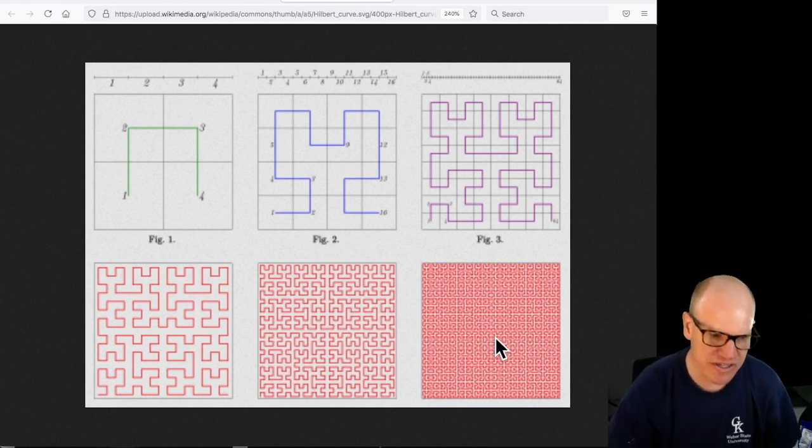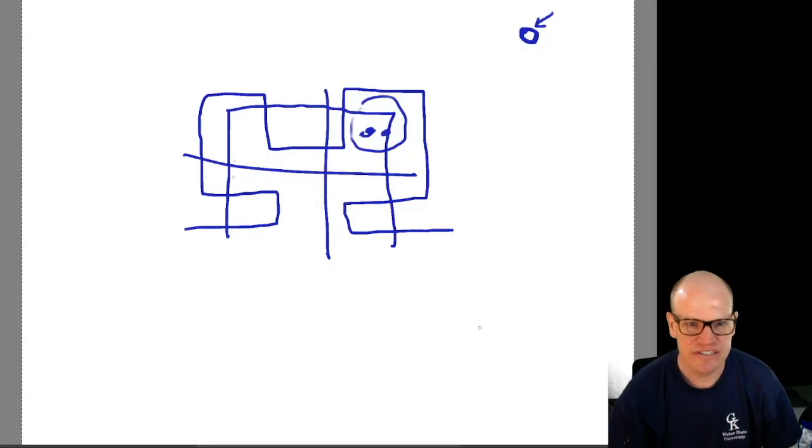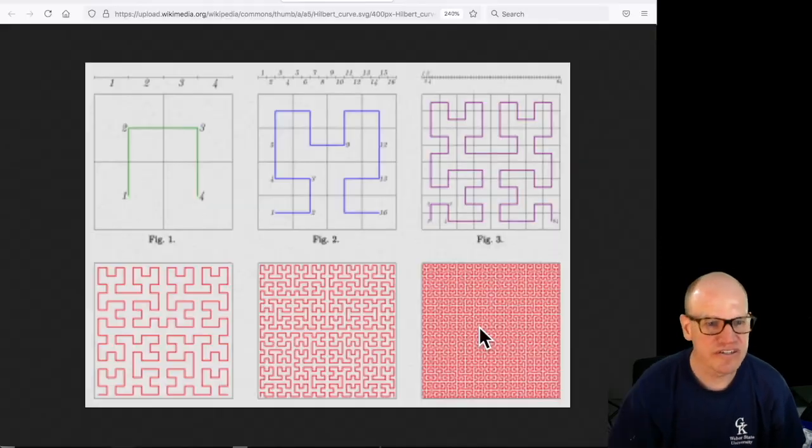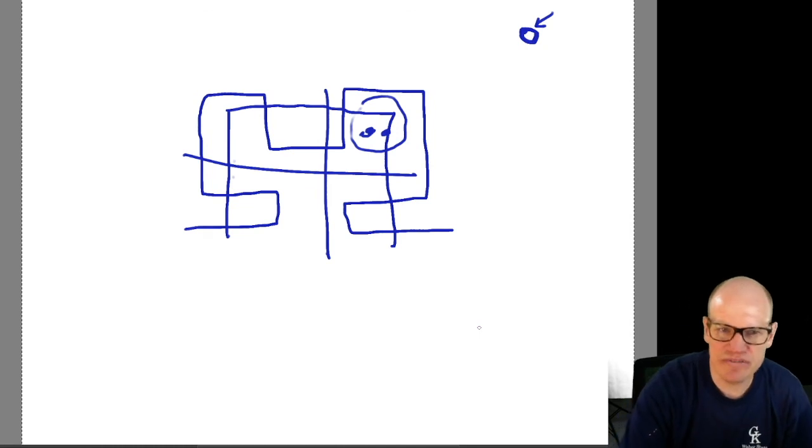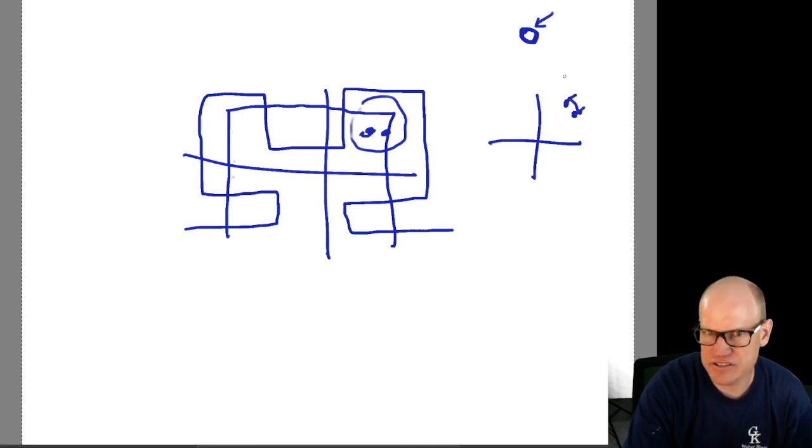What you miss with that space filling curve, however, is this. Did I draw that shape right? I did draw the shape right. Okay. Now, in a two-dimensional system, if you have a point here and a point here that are next to each other, the coordinates are going to be next to each other as well.